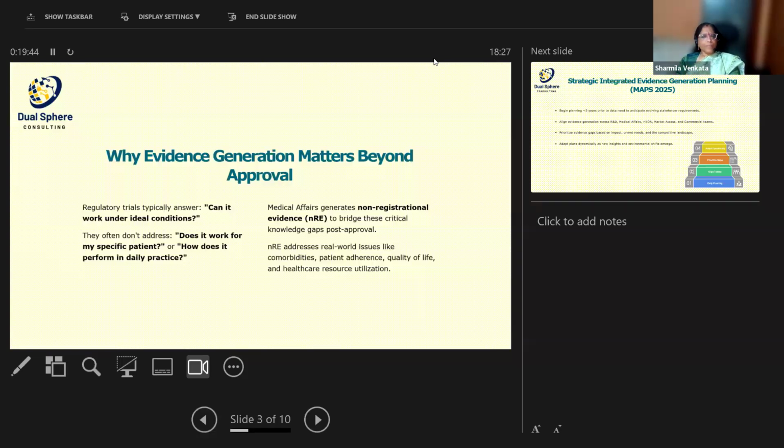For example, take a blood pressure drug. In trials, patients take every dose as instructed and have regular follow-ups. In the real world, some forget doses, and some can't afford regular refills, and some have conditions like diabetes that interact with the treatment, altering its impact.